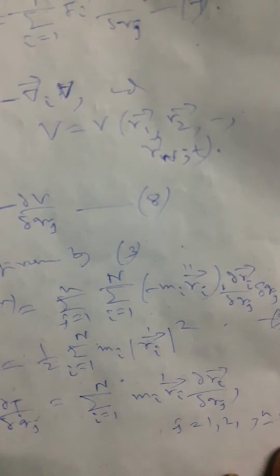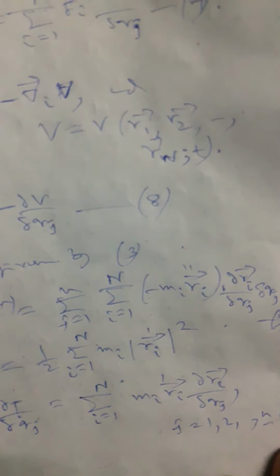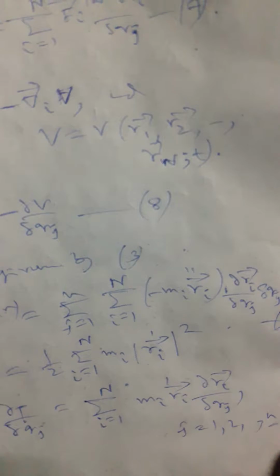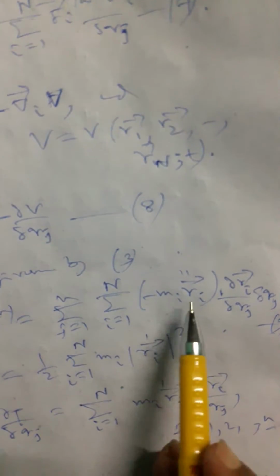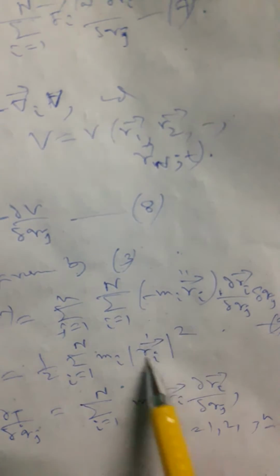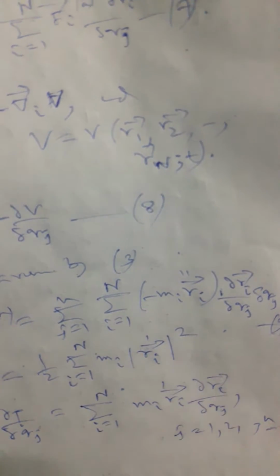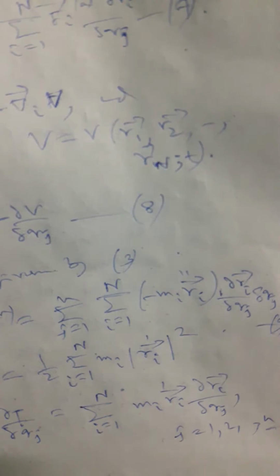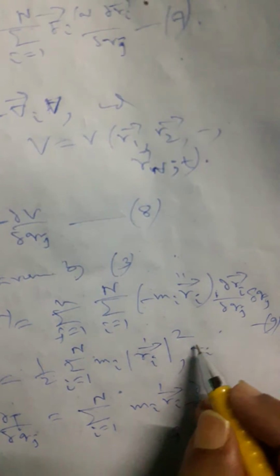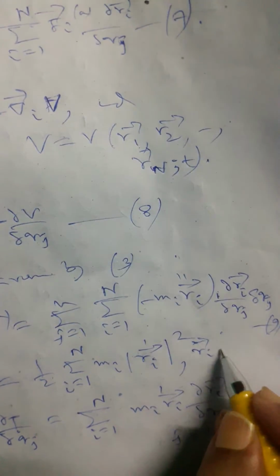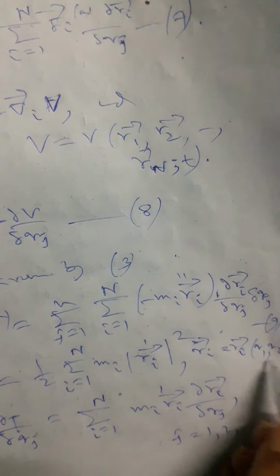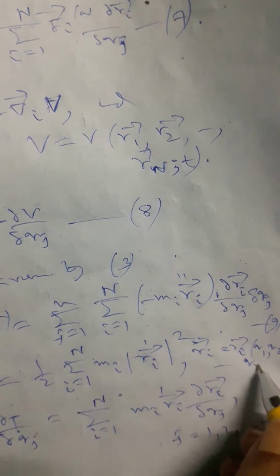Now it's clear from the standard equation that ri is a function of the coordinates q1, q2 up to qn and t.